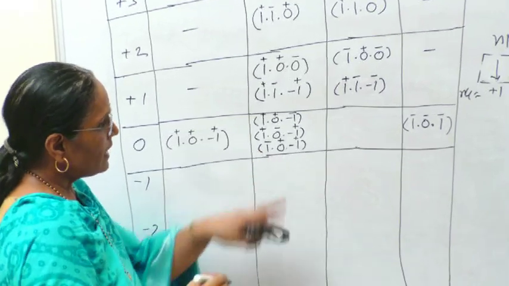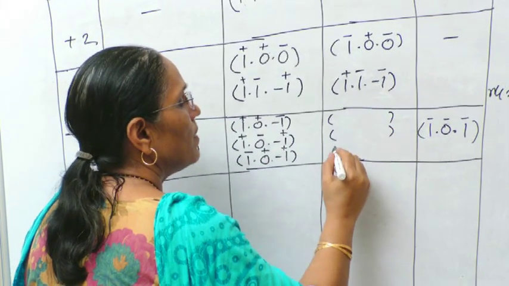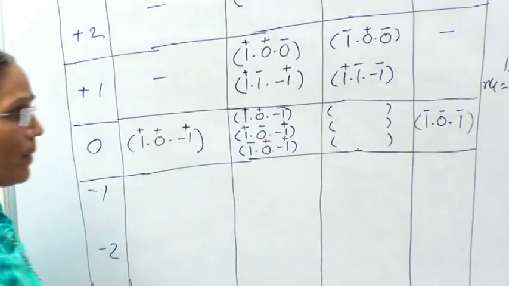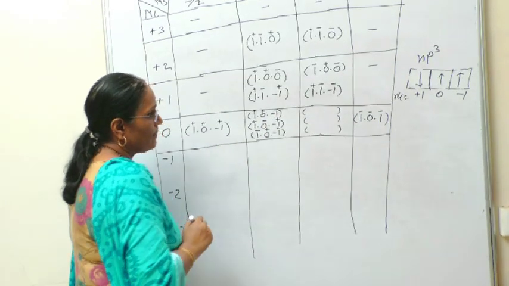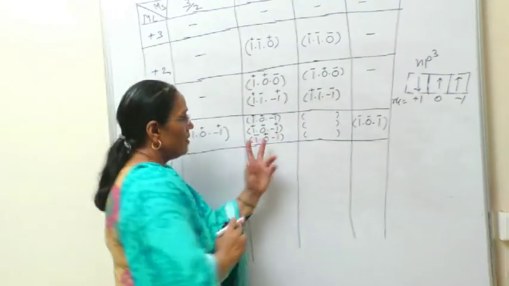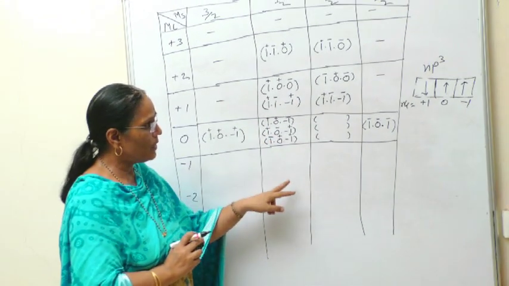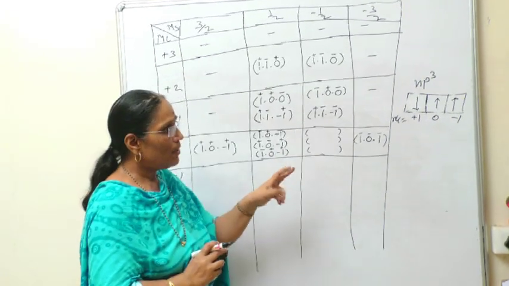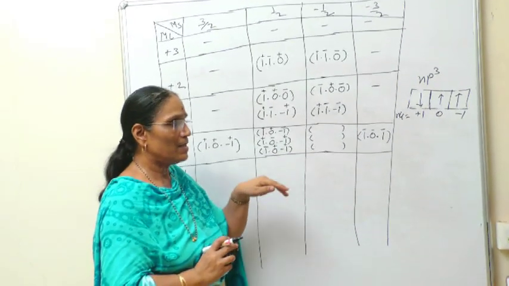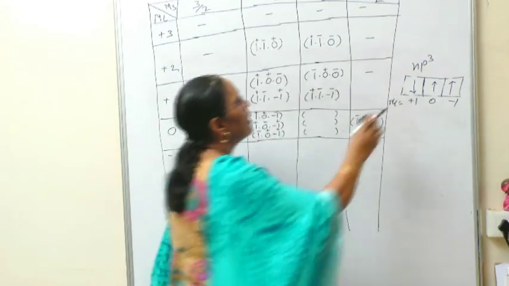Now from the same microstate under total spin of minus 1/2, we can obtain 3 microstates. Here we have kept 2 electrons up spin and 1 electron down spin. Now for this minus 1/2 spin, we can keep 2 electrons down spin, that is spin value minus 1/2, and 1 electron up spin.